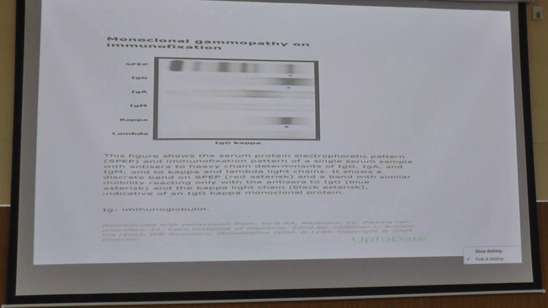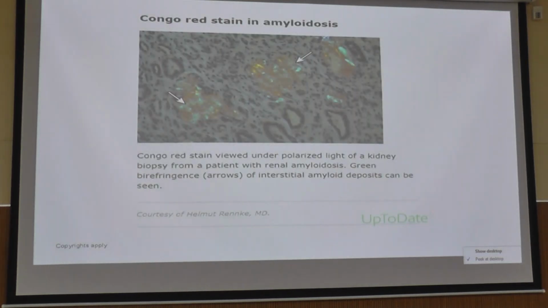So electrophoresis, then immunofixation, is what helps you identify which type of immunoglobulin is there. Now polarized microscopy with Congo red staining shows the apple green birefringence, which is because of the beta pleated structure. This is the one which is going to confirm whether it is definitely amyloid or not, and what type of fibrils are there.